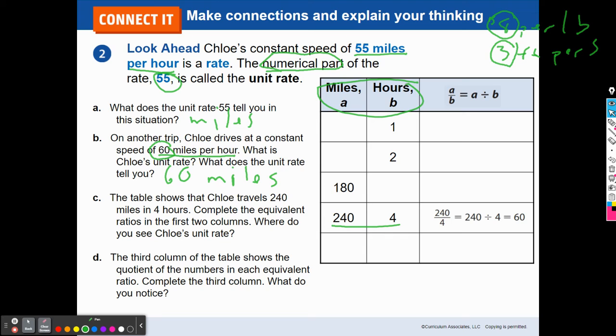Where do you see Chloe's unit rate? We have a rate of 60 miles per hour. Unit rate. 60 per hour. Right there. Our unit was 60, right?